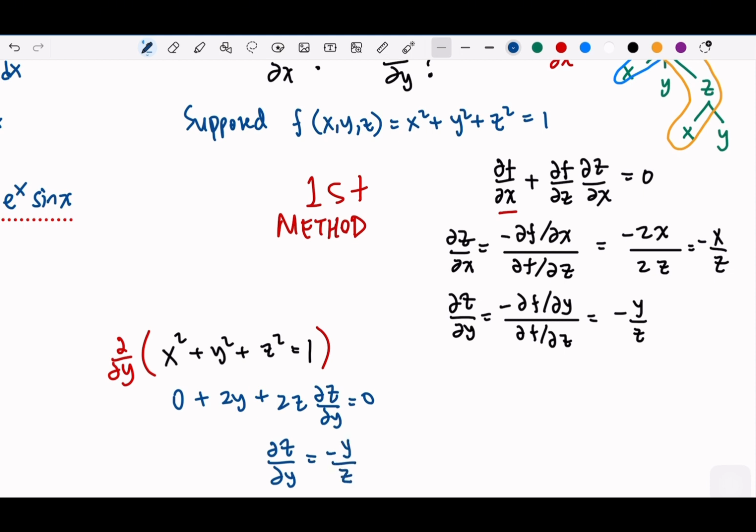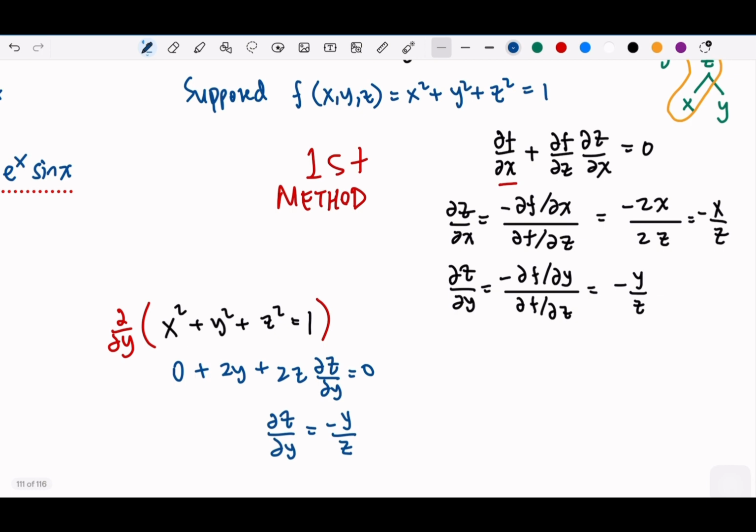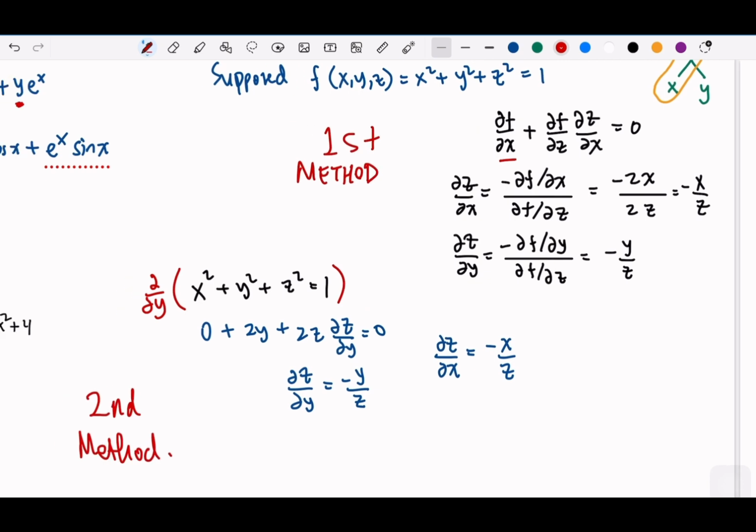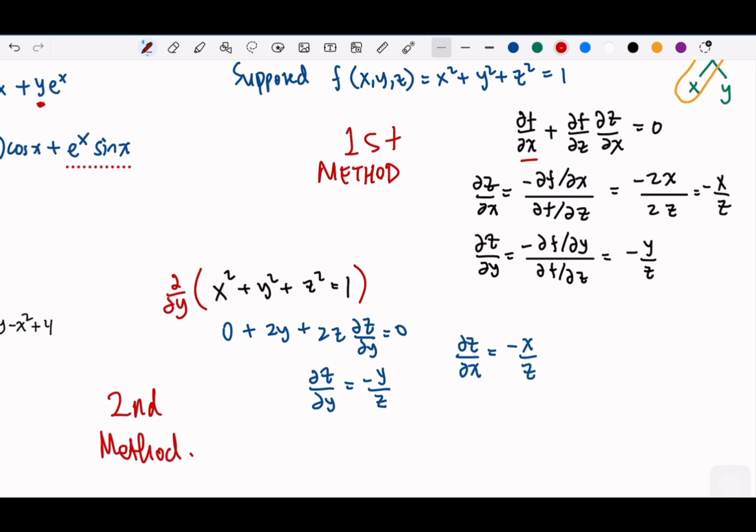Okay. Same thing with the ∂z/∂x, it will give you the same result. So it depends on which method you take.